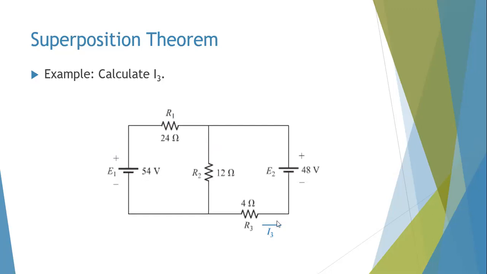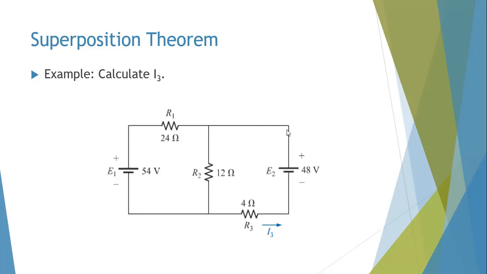Once you've got I3 dash, next step, you will short circuit E1 and consider only E2, the 48 volts. In this case, your circuit again becomes quite simple. You have a current going out. It's going to split into 2 paths here, across this path and this path, and then join back and flow through your 4 ohm resistor. This 4 ohm resistor could also be here, it doesn't matter.